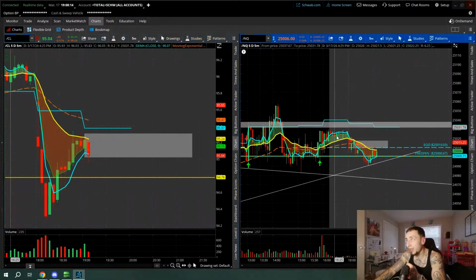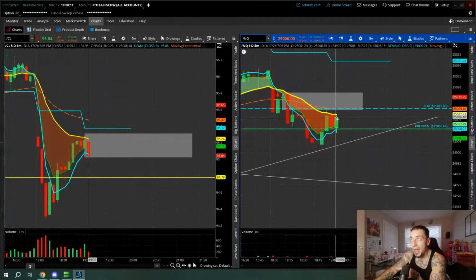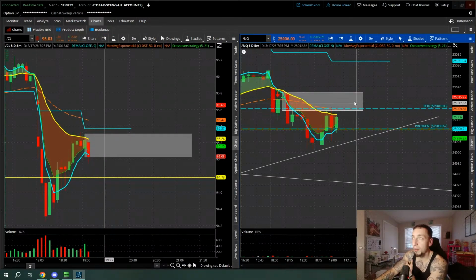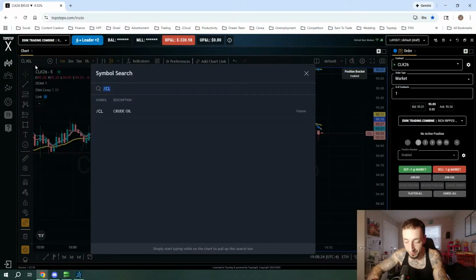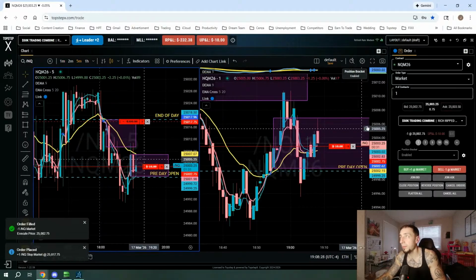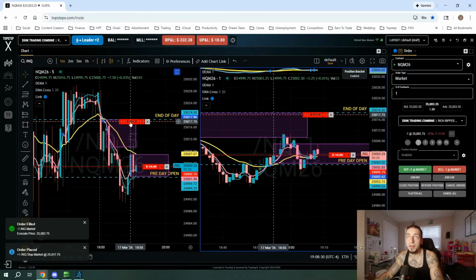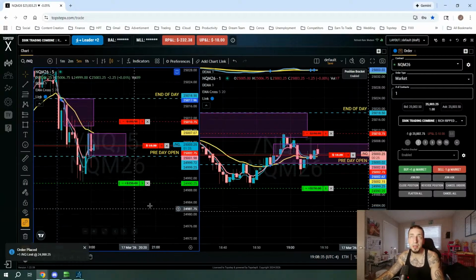I want to see what sellers do here at the 20 because we're coming back up into the 5-minute 20. We're coming back up into the AOV. As a matter of fact, where's NASDAQ? I want to try something short here on NASDAQ.